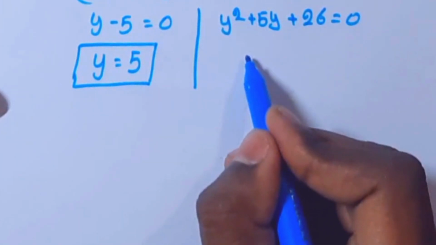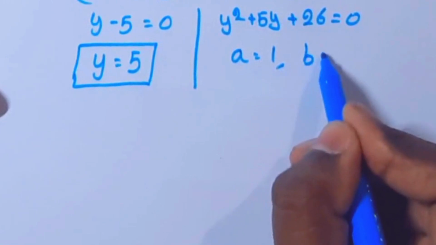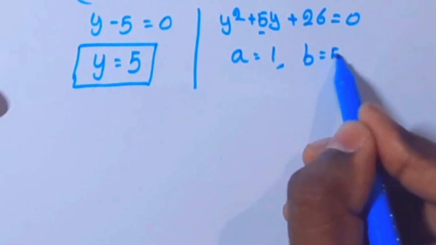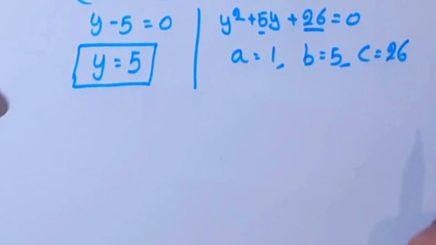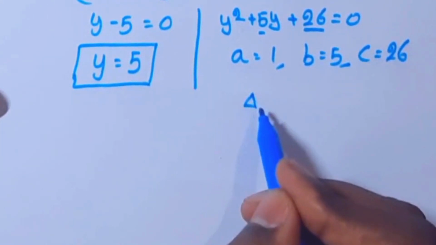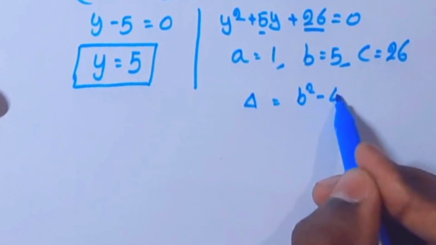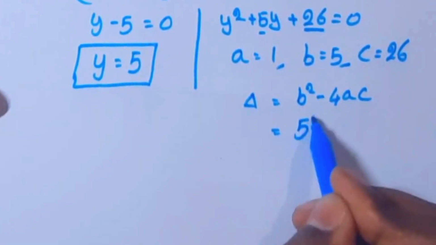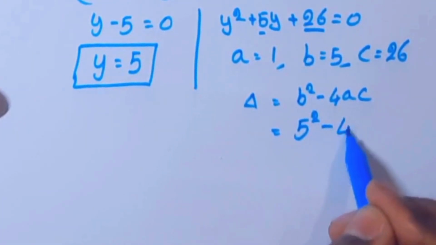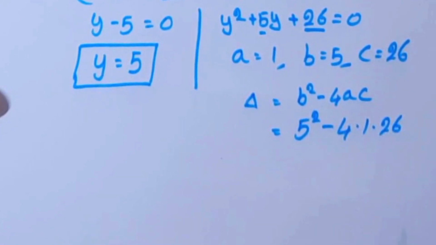Now in this, a equal to 1, b equal to 5, c equal to 26. Now we are going to apply the formula b square minus 4ac. So b is 5 square minus 4 times 1 times c is 26.